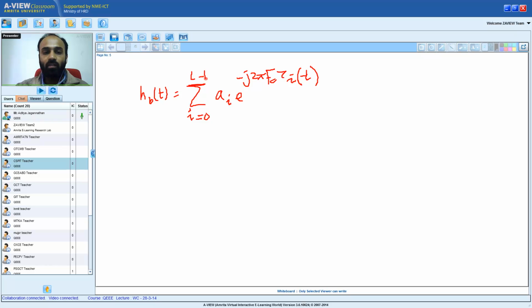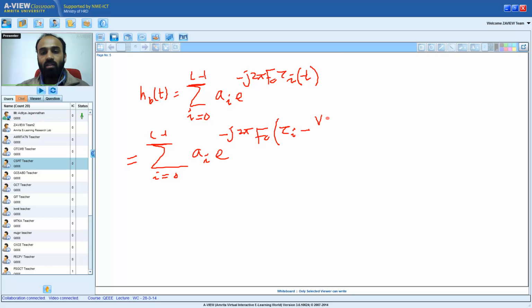So I can substitute: summation i equals 0 to L minus 1 of a_i e to the power of minus j 2 pi f_c times (tau_i minus v cosine theta t divided by c).